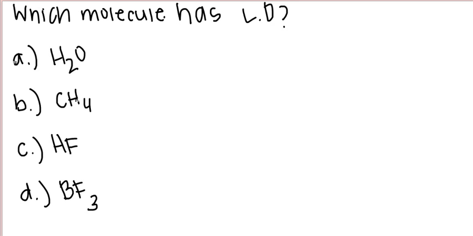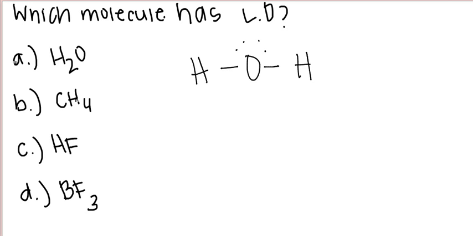So we know H2O has 2 H's, an O in the middle, and another H. Okay, so we know that O will have lone pairs up on the two sides to fill it with 8 valence electrons. So this could be a possibility.